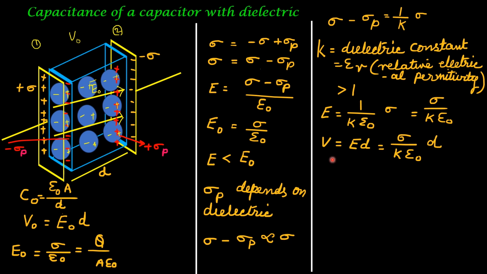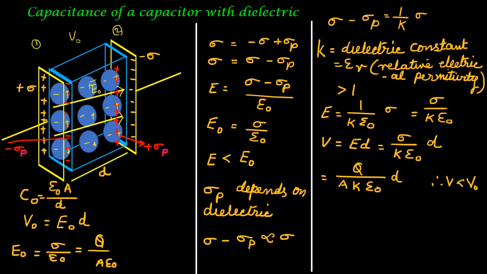Now potential difference V is equal to ED. It becomes sigma by K epsilon naught into D. Substituting for sigma, this equation becomes Q upon A K epsilon naught D. Q is the charge on the capacitor. Comparing potential difference of the capacitor with dielectric with initial potential difference V naught, we find that V is smaller than V naught.